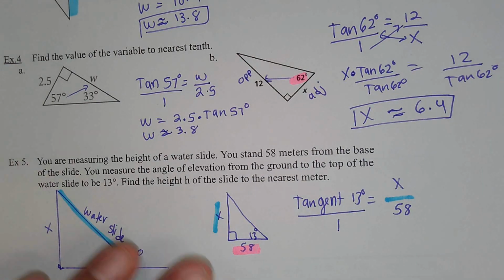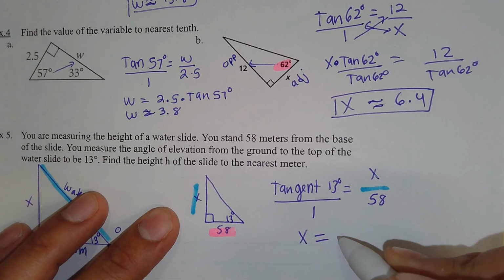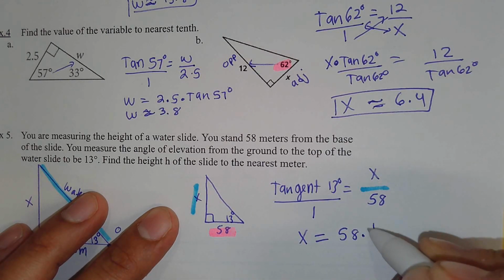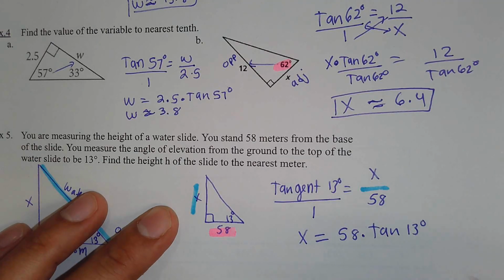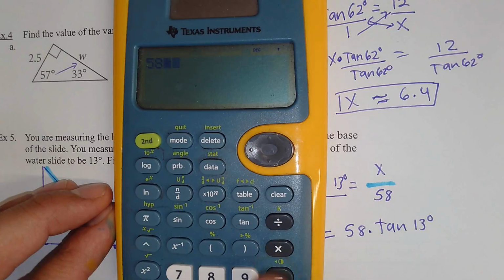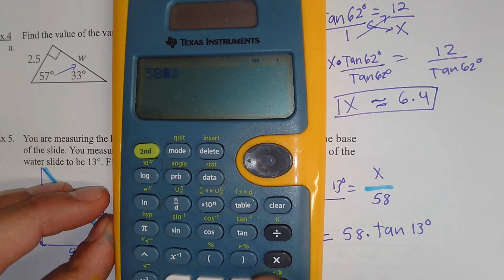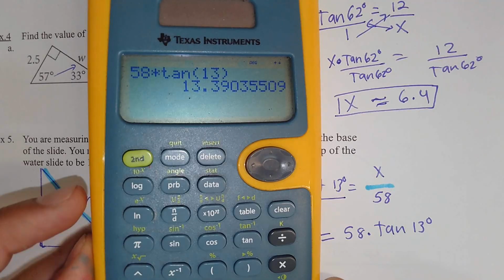Now I can simply cross multiply. X times 1 is x, and this will be 58 times the tangent of 13. And now it's just a matter of punching it in: 58 times tangent of 13. And that should give us the answer.